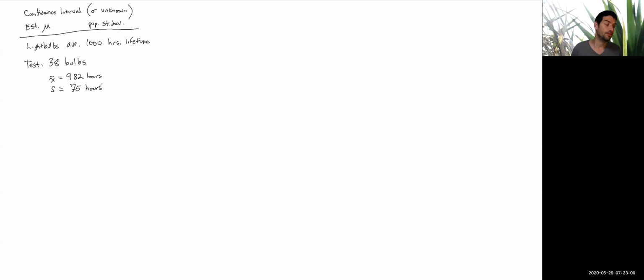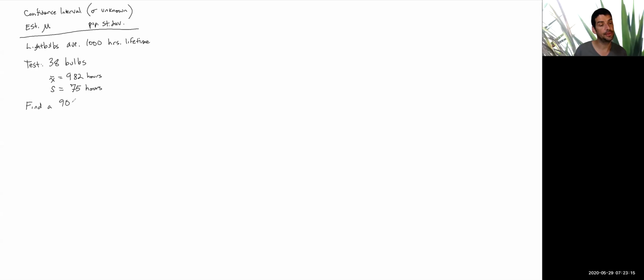Okay, so that is, remember, our sample mean and sample standard deviation for these 38 light bulbs. Okay, and we want to use this information to find a 90% confidence interval.